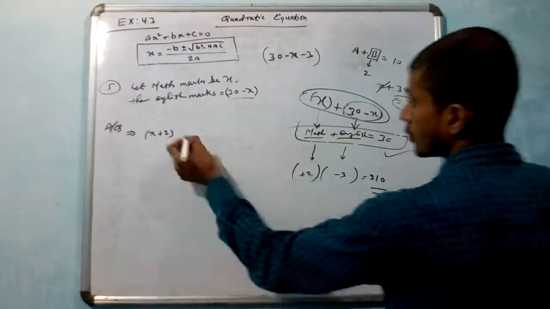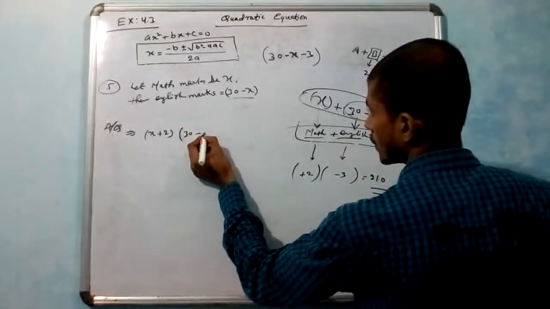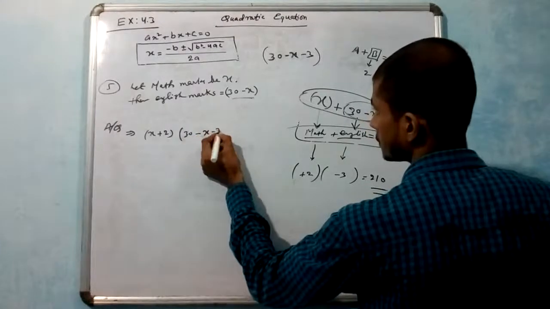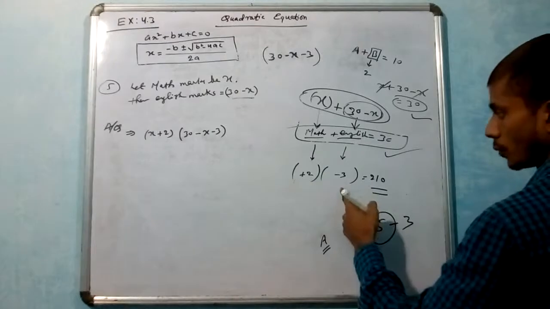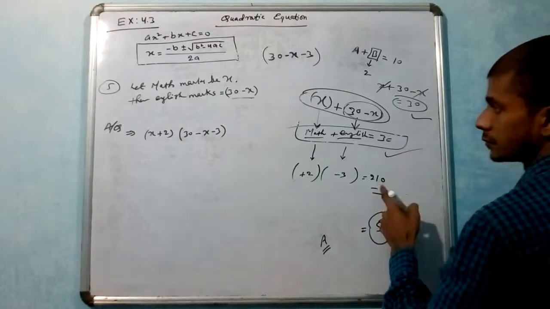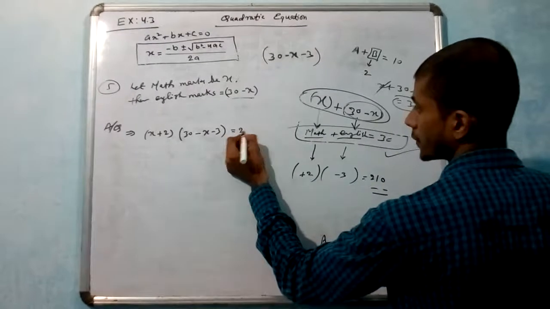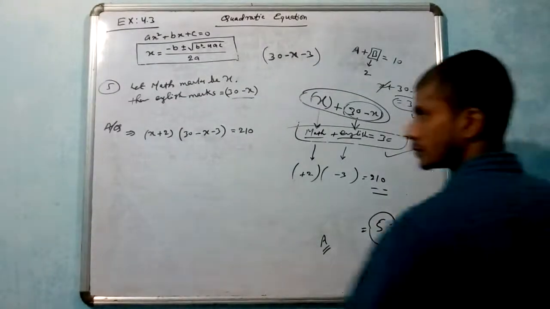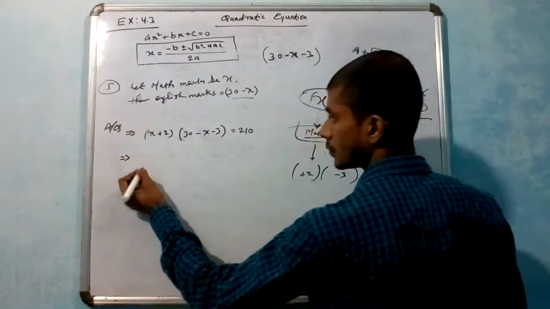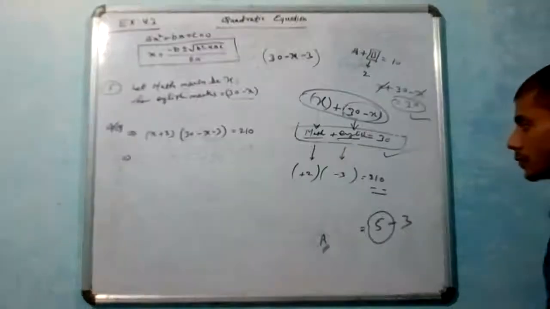So according to the question, the product of these two marks should have come 210. Say yes or no, understood this?